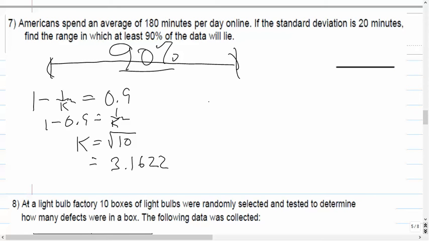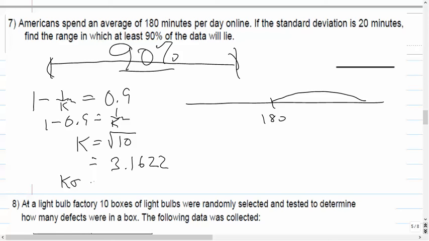Now my mean, let me draw my interval again. My mean is 180. And again, Chebyshev says that if I am within 3.1622 standard deviations of the mean, 90% of my data is going to be between those two numbers, okay? So I need to calculate k times sigma, and sigma is equal to 20.